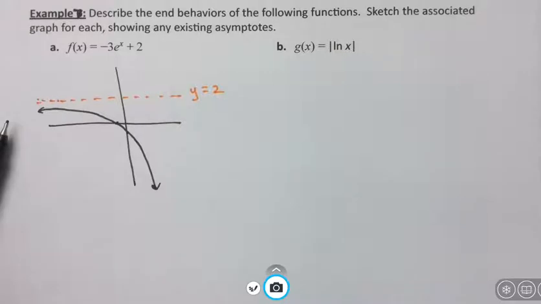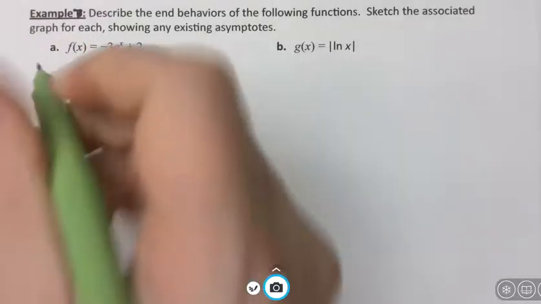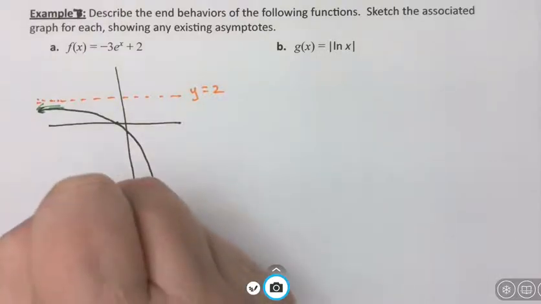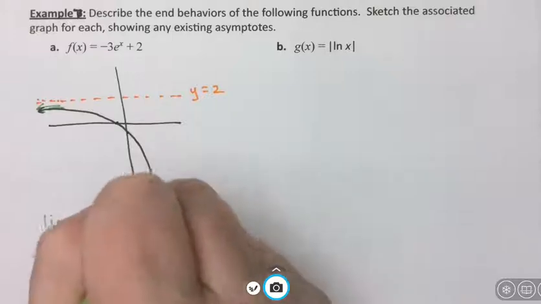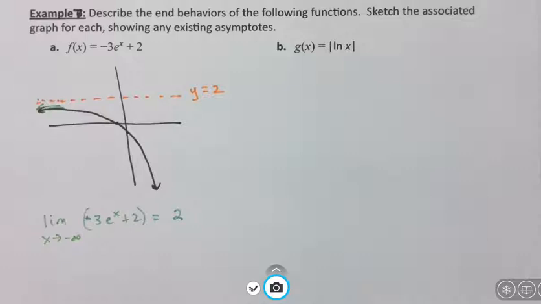So let me write that up. The limit over here, on that negative side, the limit as x goes to negative infinity of negative 3 e to the x plus 2 is equal to 2. Okay. And then the limit as x, well, let me prove it to you analytically as well.